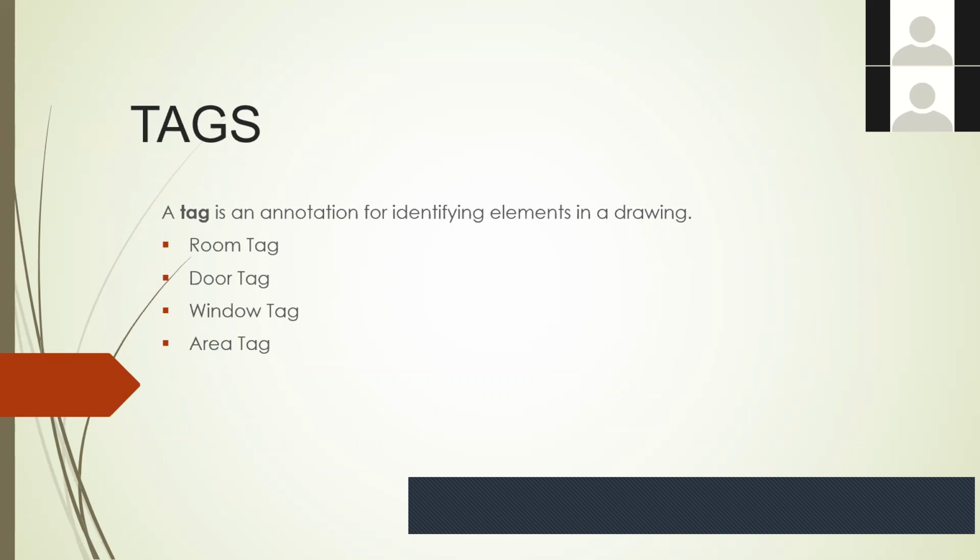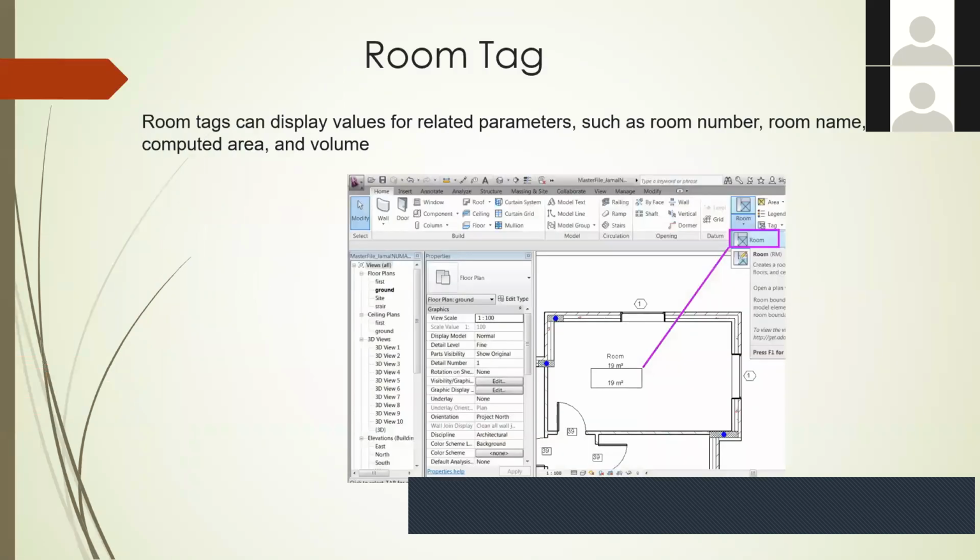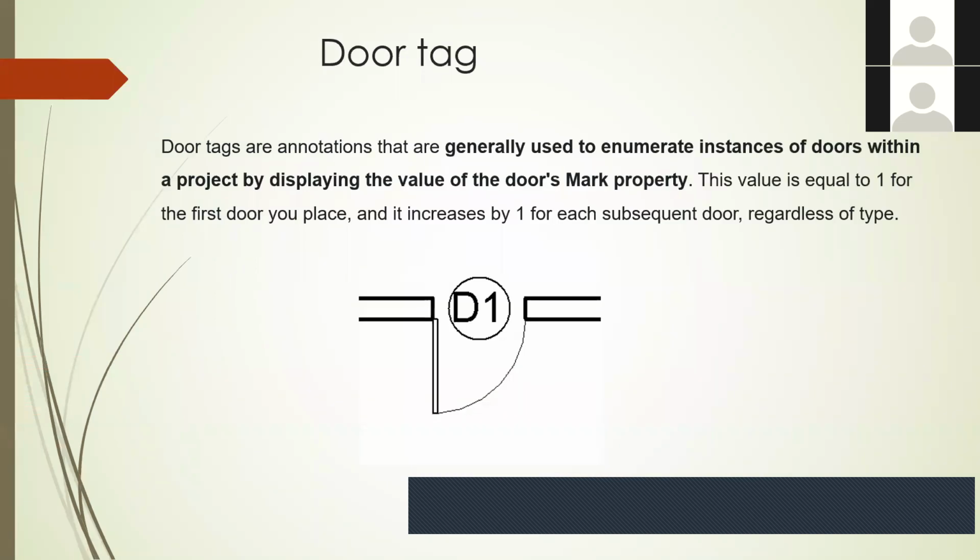There are different types of tags. Usually room tag, door tag, window tag, and area tag are very important. The room tag can display values related to parameters such as room number, room name, computed area, and volume. Then there are door tags.